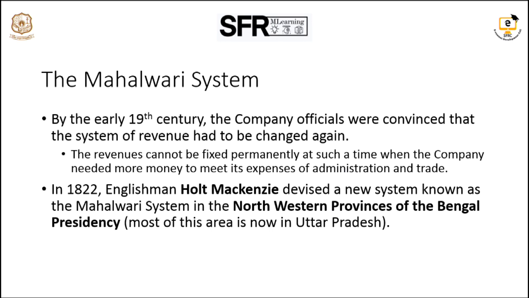He introduced the new Mahalwari system in the northwest provinces of the Bengal Presidency. We all know that at that time the Madras Presidency, Bengal Presidency and Bombay Presidency were the trading centers, the revenue centers of the British. So they used this Bengal province for introducing the Mahalwari system.